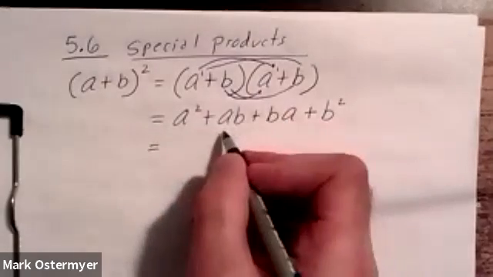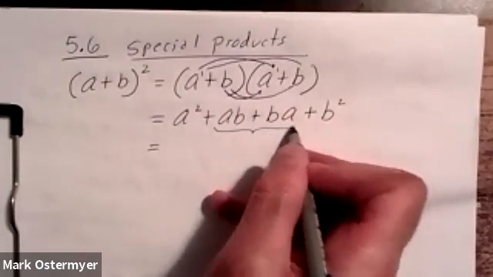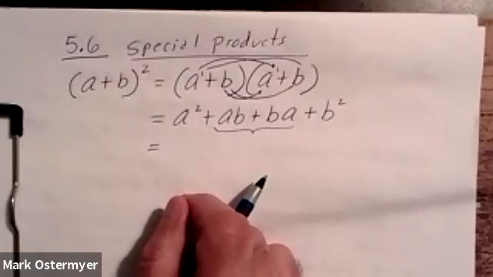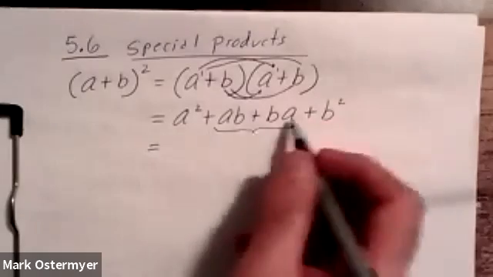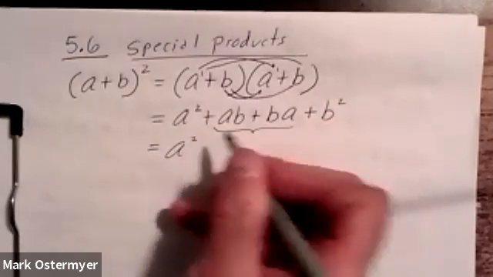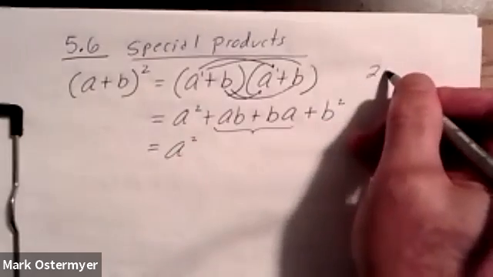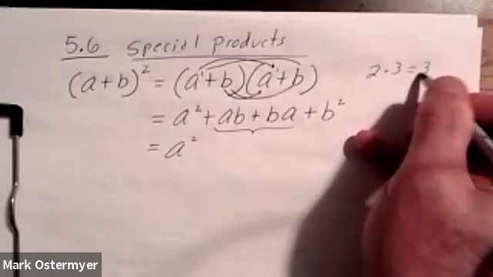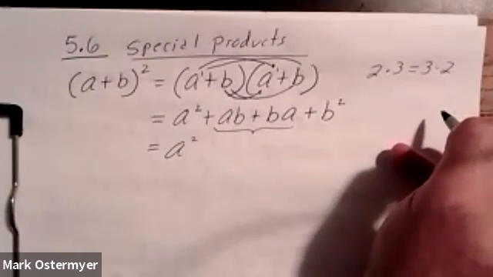Now, these two middle terms, what do you notice about them? The factors are in reverse order, but do you agree that if I have 2 times 3, that's the same thing as 3 times 2?